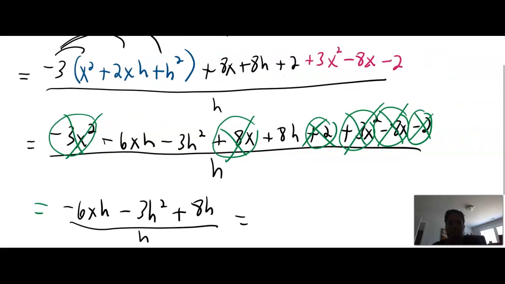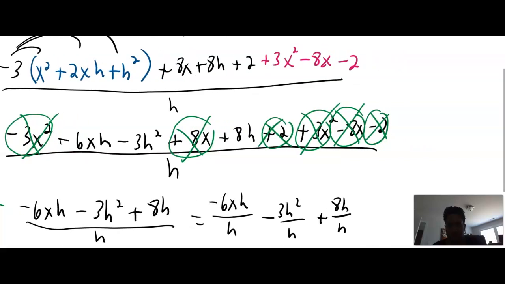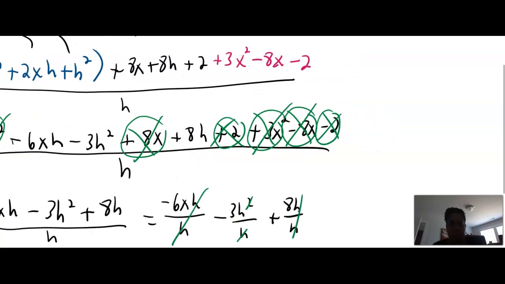And what this really looks like is that we can write each one of these as individual pieces so that you can more clearly and readily see the h's will simplify out. And so we are going to be left with negative 6x, negative 3h, and an 8.